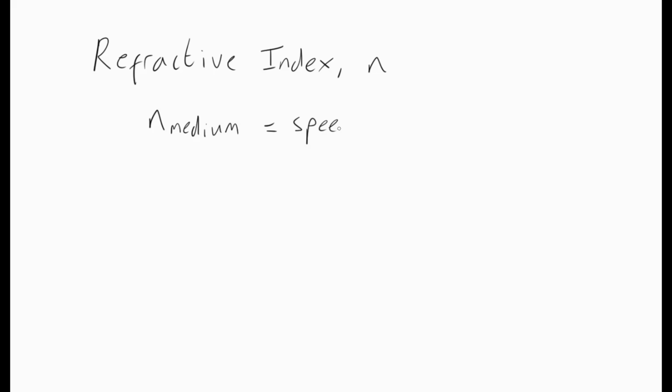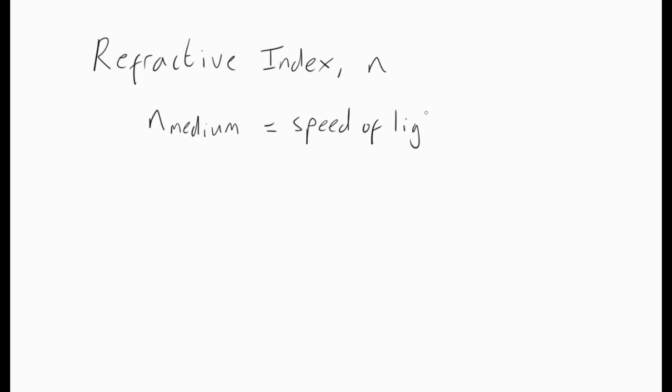Every medium that light travels through has a refractive index. A refractive index is just a number. It doesn't have units, and it's often written as the symbol n. Now the equation for refractive index for any medium is as follows. It equals the speed of light in a vacuum.